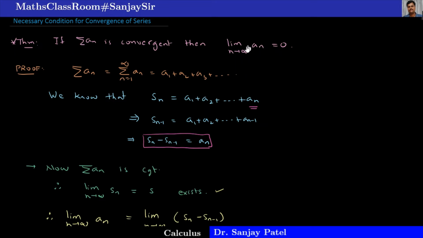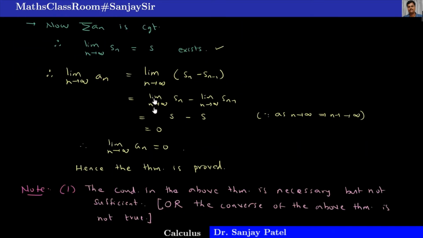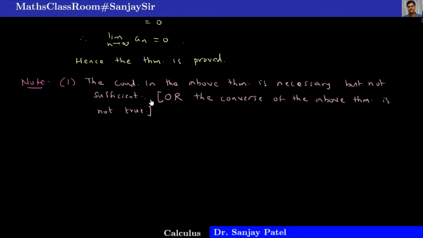Converse is not true means if limit of an is 0, then we cannot conclude that sigma an is convergent. So let us write down: if limit n tends to infinity of an is equal to 0, then sigma an, this series, need not be convergent.